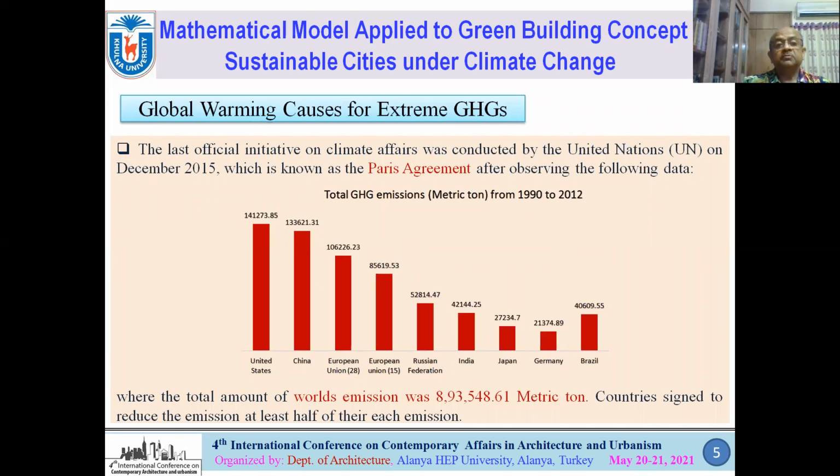The last official initiative on climate affairs, conducted by the United Nations, is called the Paris Agreement, where it is seen that in the total amount of emission of carbon dioxide, including all greenhouse gases, the biggest responsible is the United States, then second is China, and sequentially Europe and Russia, India, Japan, Brazil, Germany, and so on.